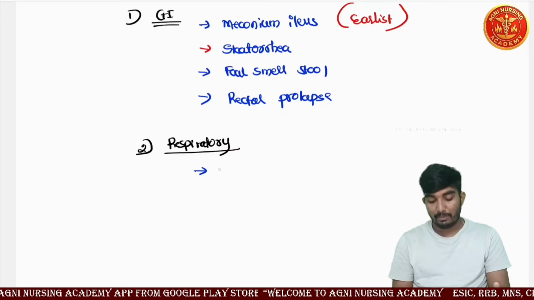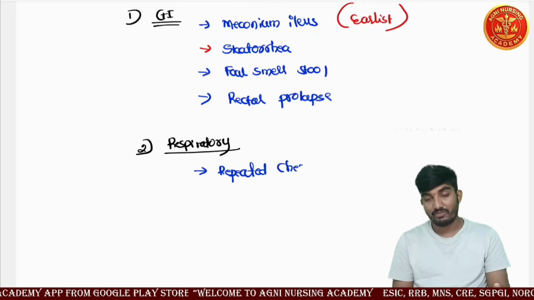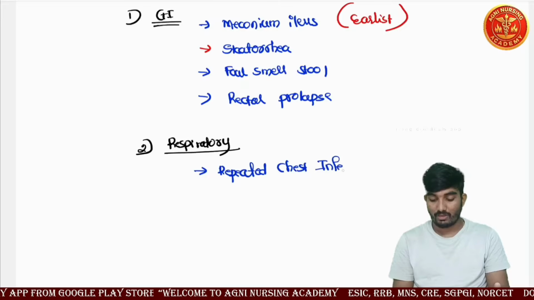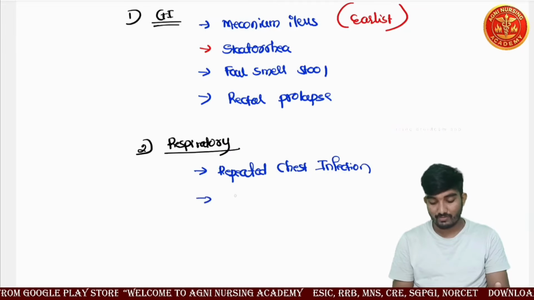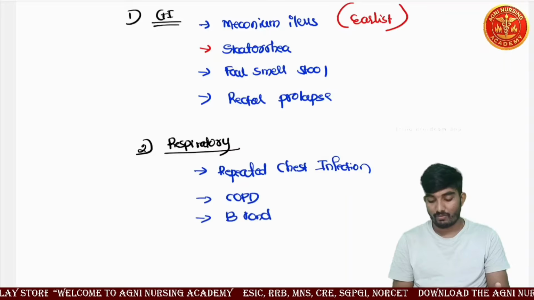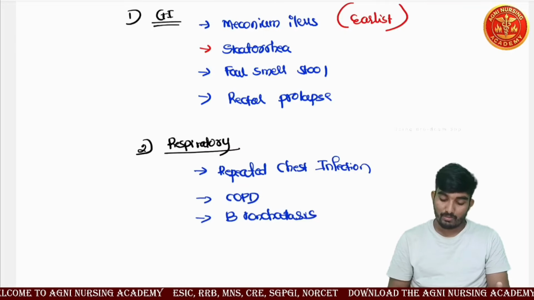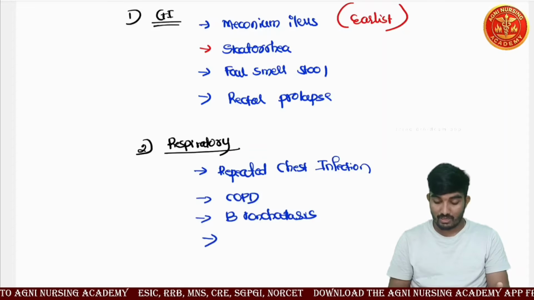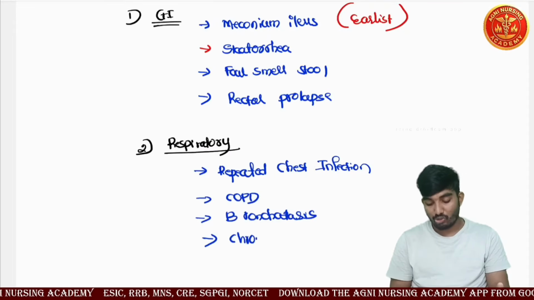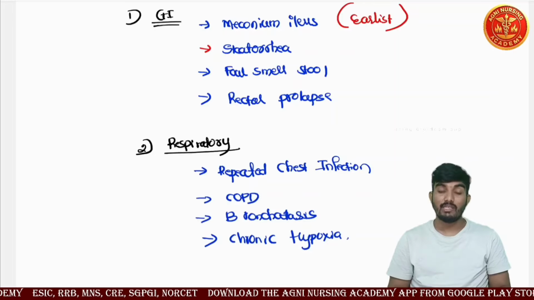That's why there are repeated chest infections, COPD, bronchiectasis and chronic hypoxia. These clinical features are present in the respiratory system.